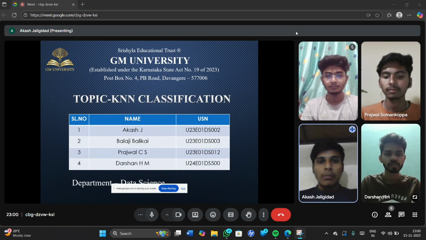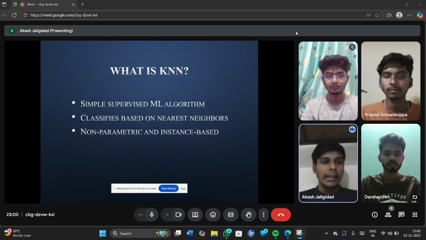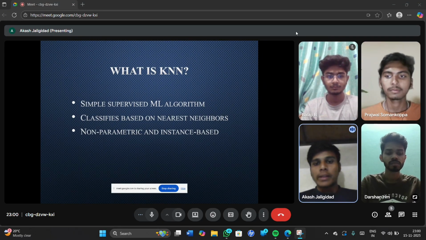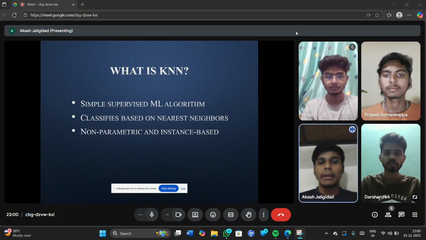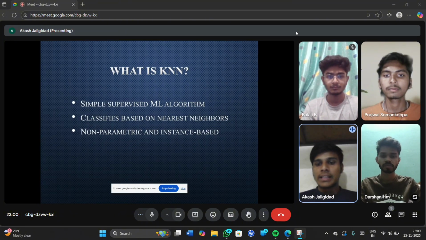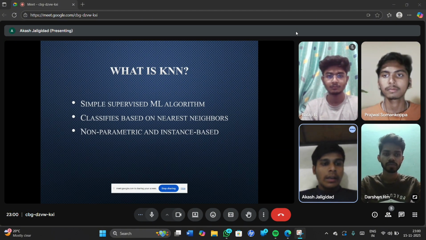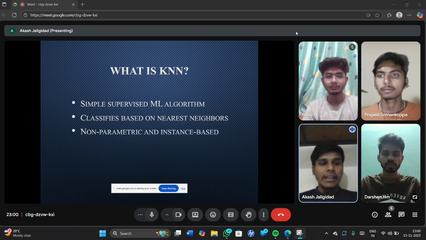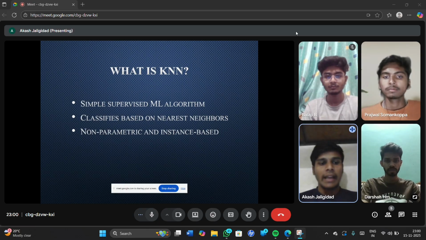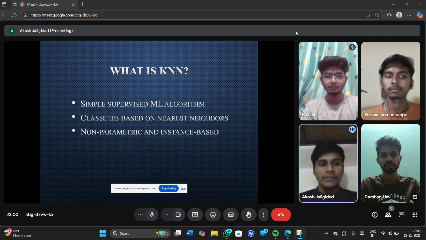And I am explaining about my topic. What is KNN? A simple supervised ML algorithm that classifies based on nearest neighbors, non-parametric and instance-based. On this slide, we introduce the KNN algorithm. K stands for K nearest neighbors, and it is a simple supervised machine learning algorithm used for classification.